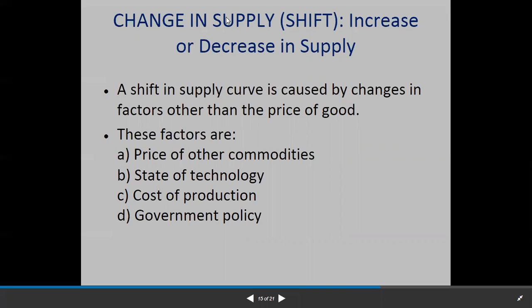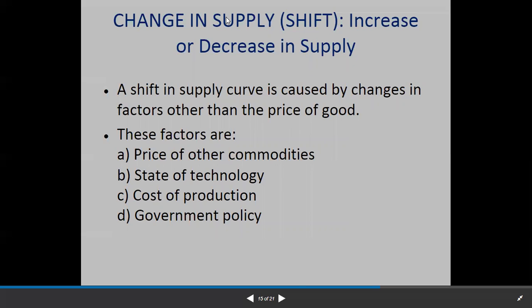Now we will discuss change in supply, a shift, increasing or decreasing in the supply. The supply curve is drawn to show the relationship between the price and the quantity supplied of the commodity, assuming all other factors are constant. However, the factors are bound to change sooner or later. A change in one of the other factors shifts the supply curve.